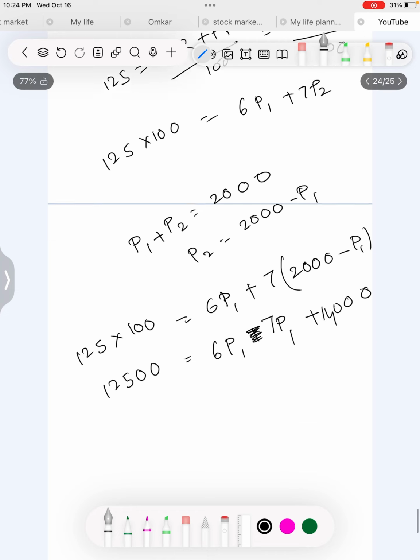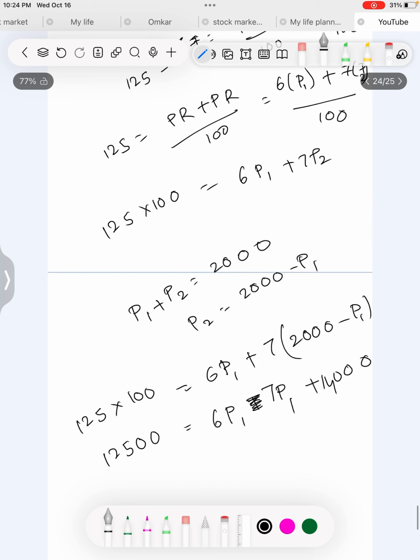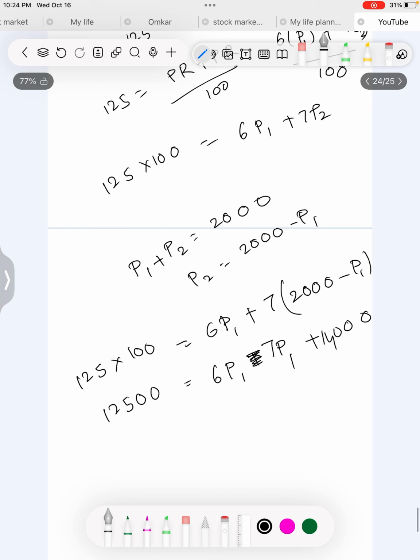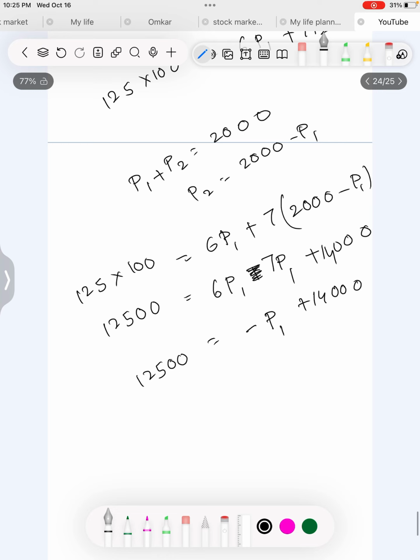So let us see what will happen. So minus P1 plus 14,000 equals 12500. Okay. Now let us send this side.